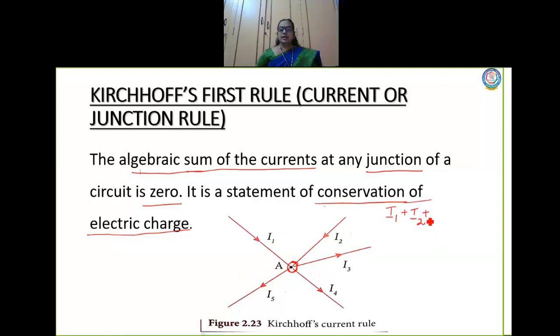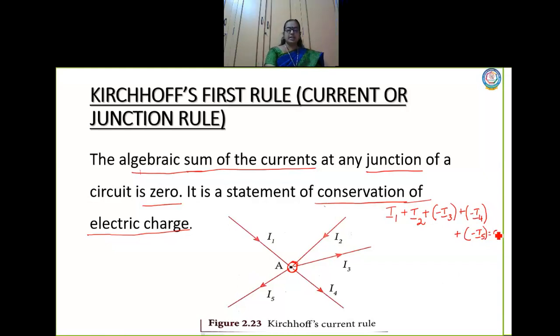I3 is moving away from the junction, so it is minus I3. Current I4 is also moving away from the junction, so it is minus I4. And I5 is also moving away from the junction, so it is minus I5. This is equal to 0.